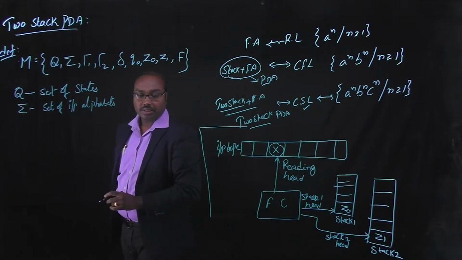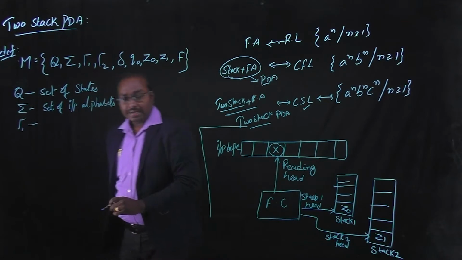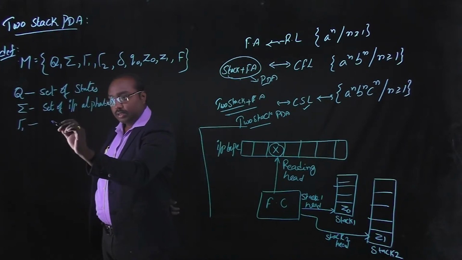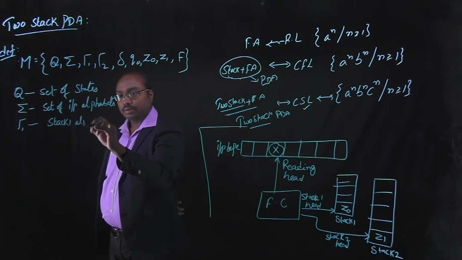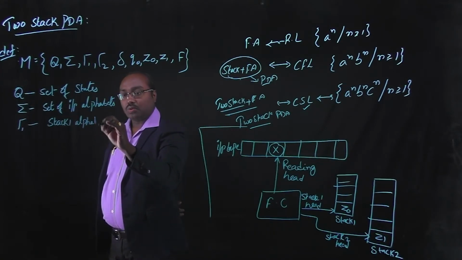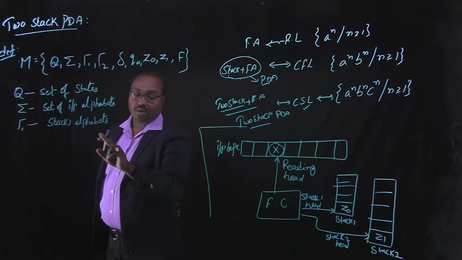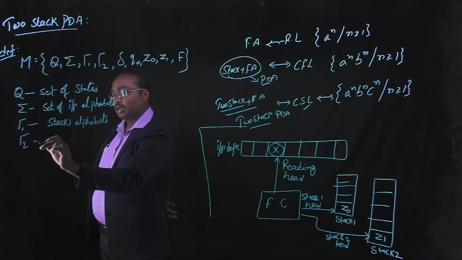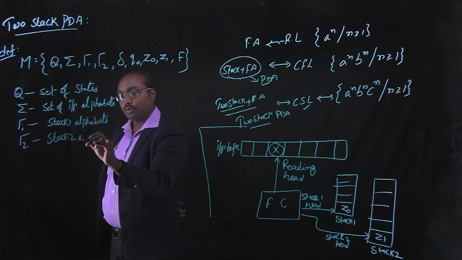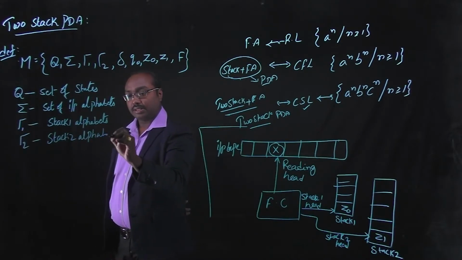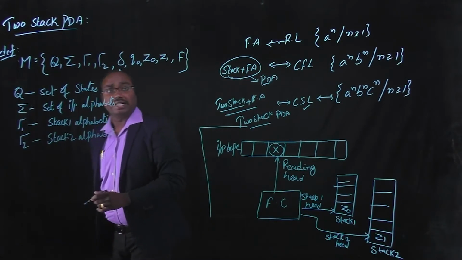Tau 1 represents the set of stack 1 alphabets, and tau 2 represents the set of stack 2 alphabets. The transition function we will see later.